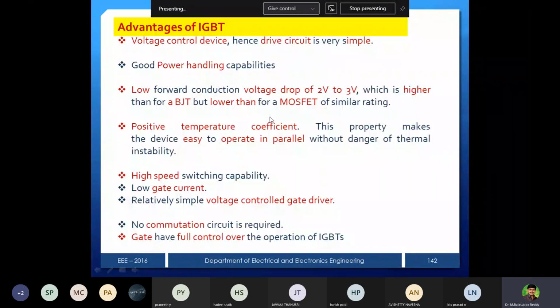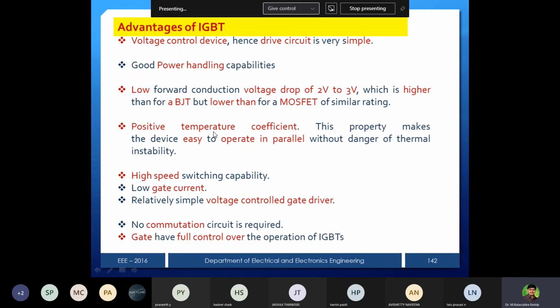Now we will see some advantages of the IGBT. It is a voltage control device, hence the drive circuit is very simple, and it has good power handling capability and low forward conduction voltage drop of 2 to 3 volts, which is higher than that of a MOSFET of similar rating but lower than that of a BJT, and a positive temperature coefficient.